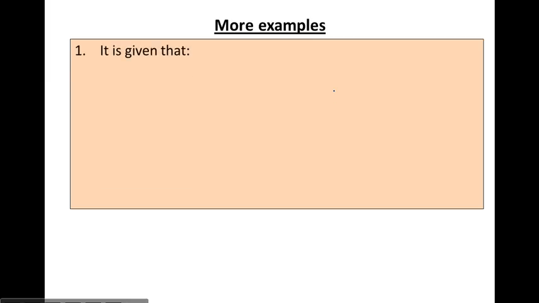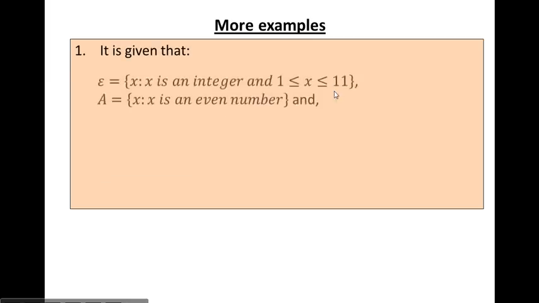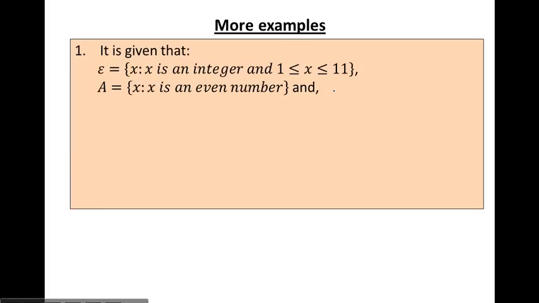So more examples. It is given that the universal set is a set that contains integers from 1 to 11 inclusive. A is a set that contains even numbers, and of course they must be integers. And B is a set that contains x, such that x is a multiple of 4.